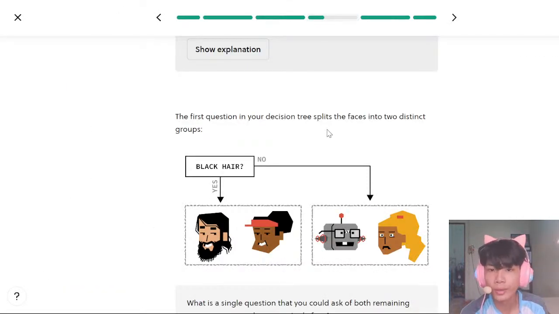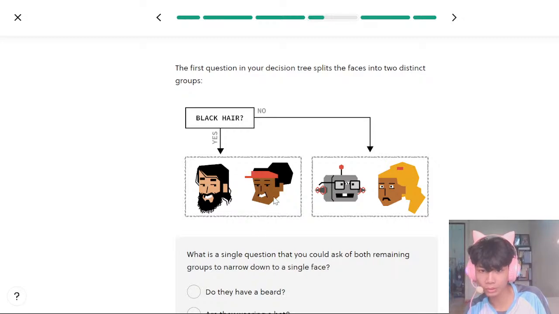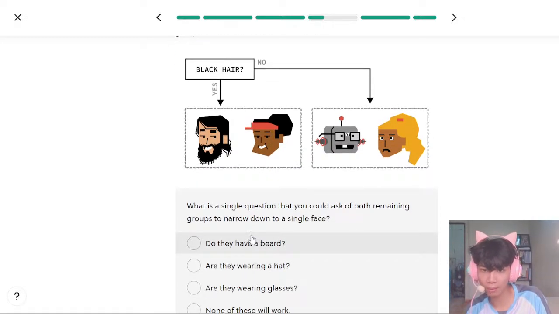The first question in your decision tree splits the faces into distinct groups. What is a simple question that you could ask of both remaining groups to narrow down?